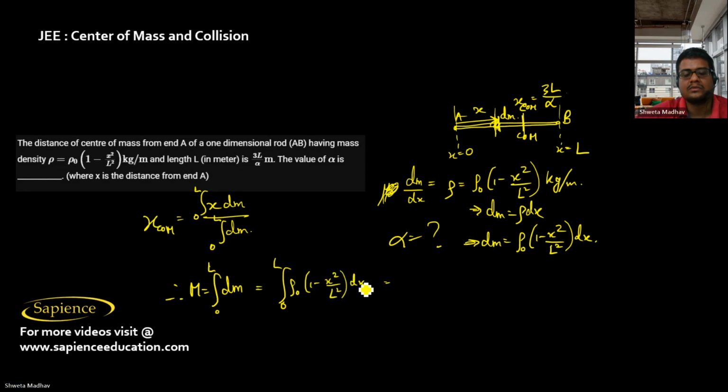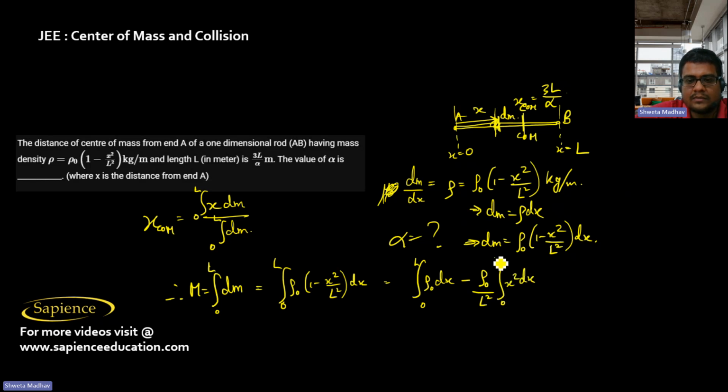So this will be integral rho naught dx from 0 to L minus rho naught by L square integral x square dx from 0 to L. So this will be equal to rho naught L minus rho naught by L square into x cube by 3, which is L cube by 3.